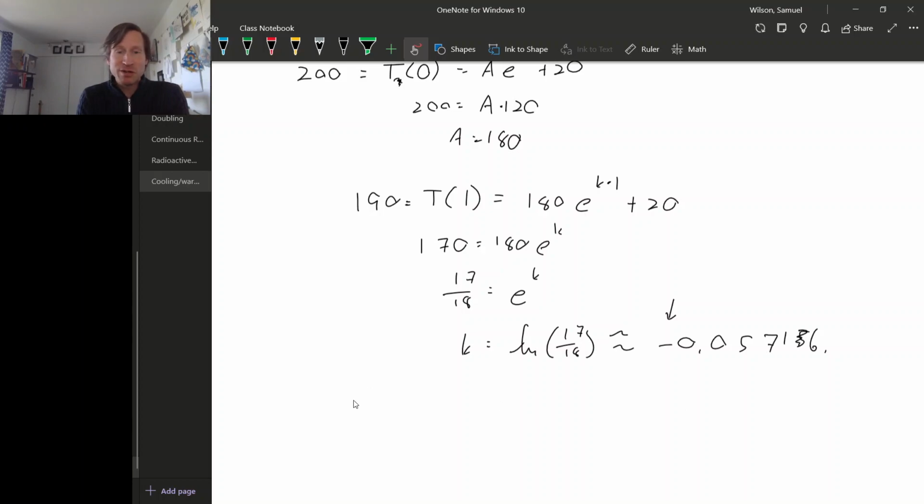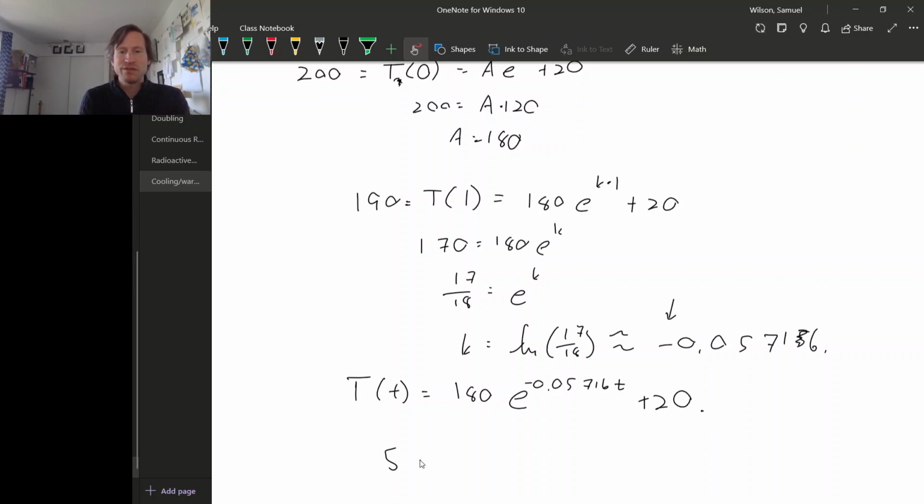All right, so now that we know k, we know our temperature function. So temperature at time t, t minutes, is 180 times e to the minus 0.05716 t plus 20.